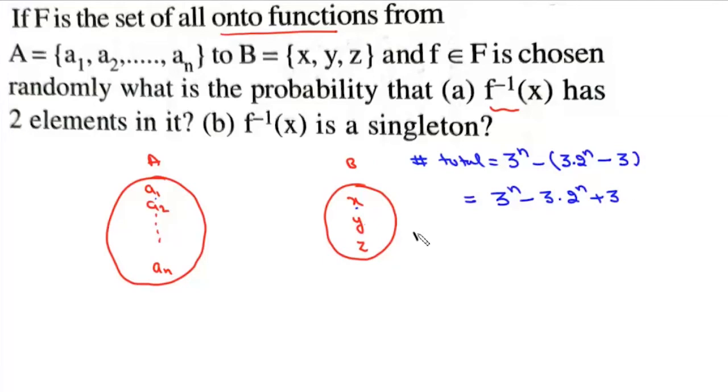Now for the first one, f inverse x has 2 elements in it. Now which 2? From these n, we can select any 2 in nC2 ways. Now these 2 are mapped to x. Now the remaining n minus 2 elements must be mapped to y and z, and it must be an onto function.